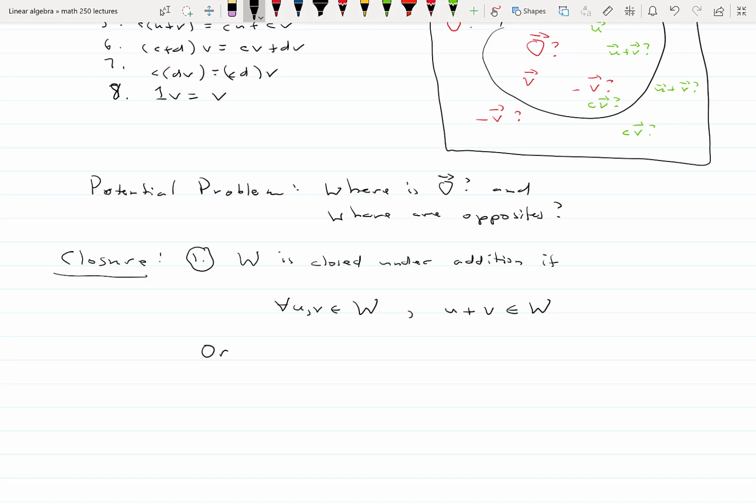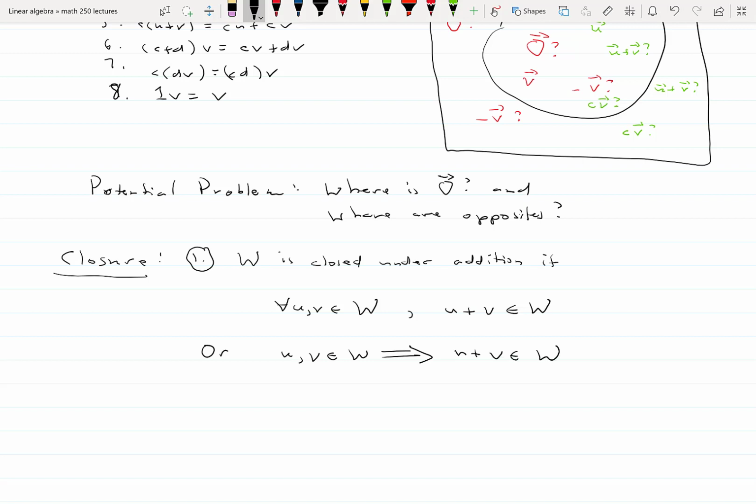Or using logical symbols, u and v in W implies that u plus v is in W.